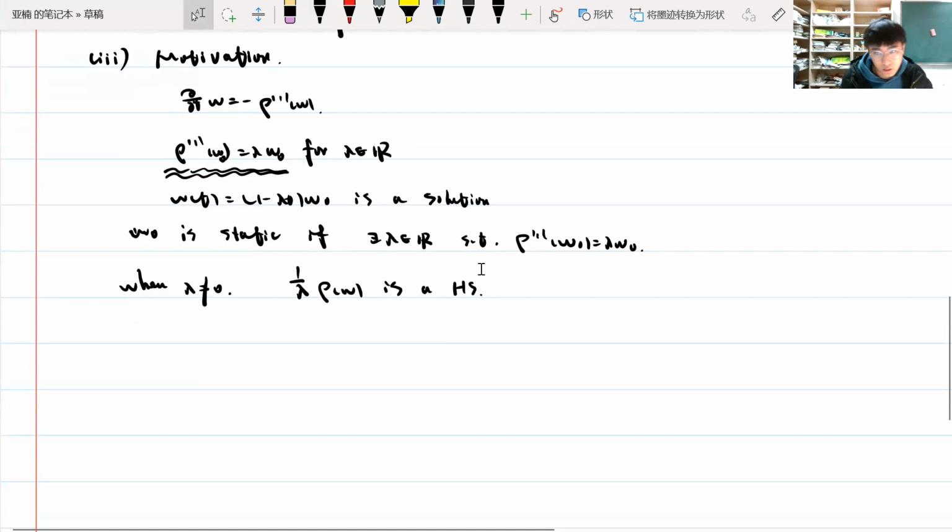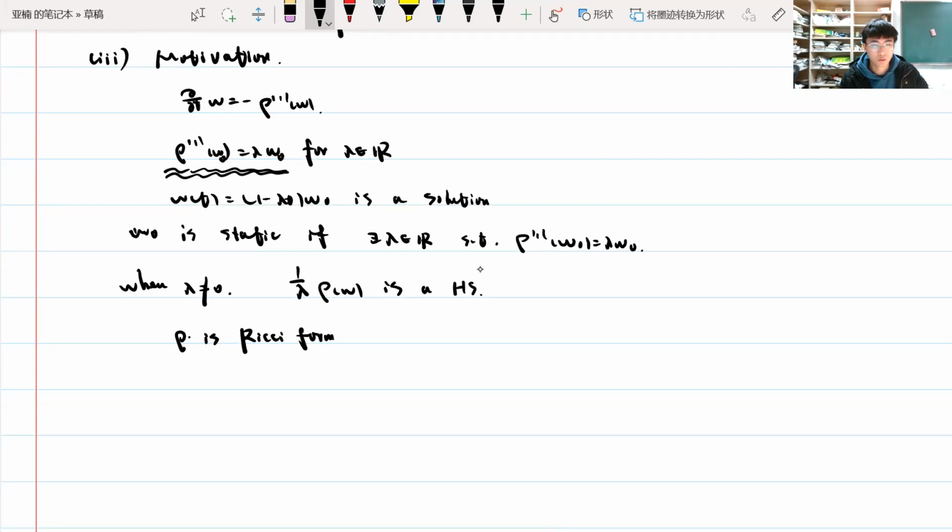So we can find a natural Hermitian symplectic form induced by a static metric with λ not equal to 0. This is because ρ is a Ricci form, so it is real and closed. And this condition, ω₀ is a static metric, so its (1,1) part is positive.